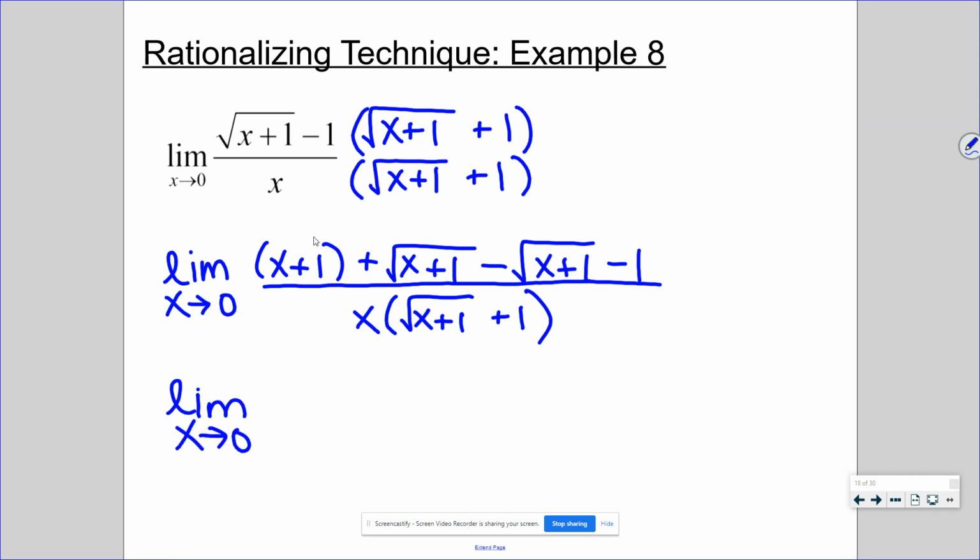Okay. On the top, I'm going to simplify these two radicals here in the middle, cancel each other out. I have x plus 1 and a minus 1, so these ones cancel each other out, and that leaves me with just an x on the top.